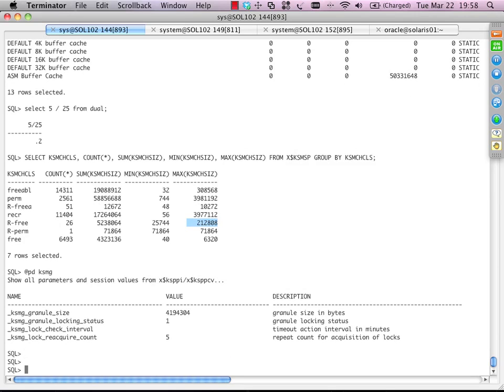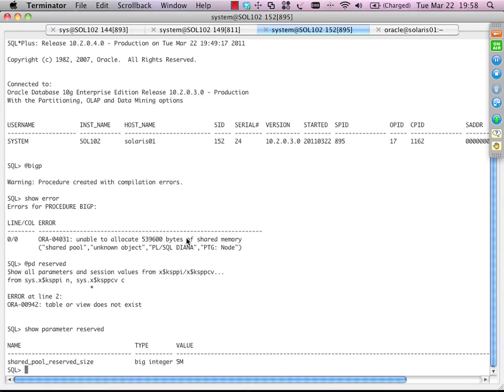All right. So whenever you have an error, look into this. Where did we have the error? And how much space we wanted, how much memory we wanted to allocate. Plus, there is some extra info about what it was for. You see, the unknown object means that it's not a SQL statement.